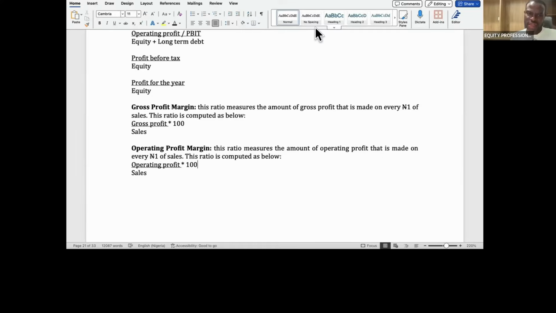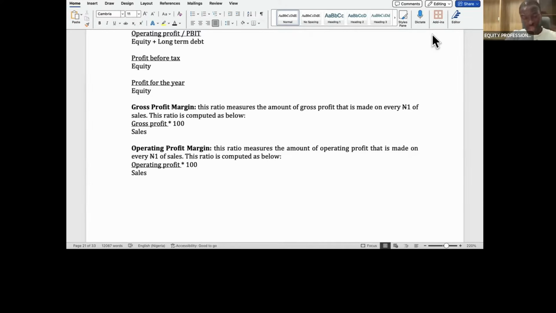So how do you analyze that? For operating profit margin, if it's increasing, this company is doing well. Again, the main reason that will have caused that is the operating expenses of the company, either its administrative expense or its distribution expense, as it were. So these are what will have caused an improvement in this ratio.